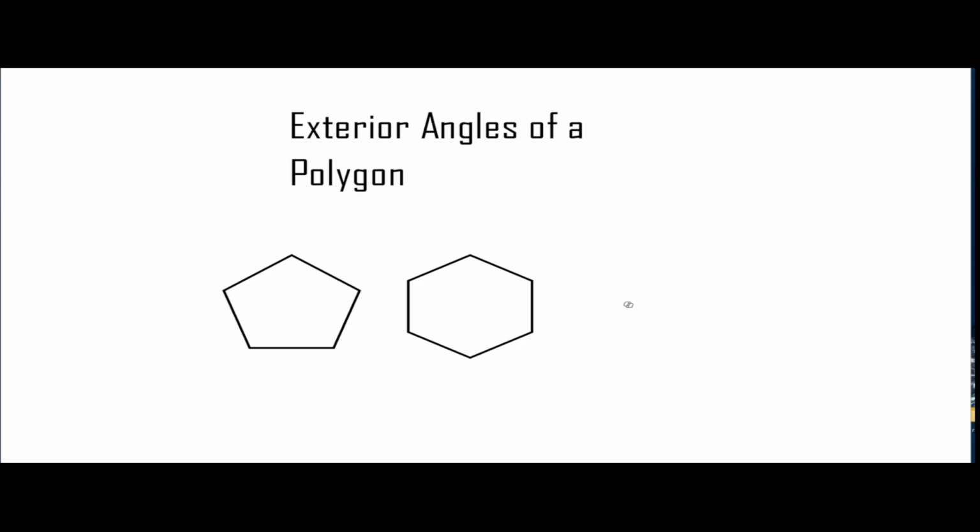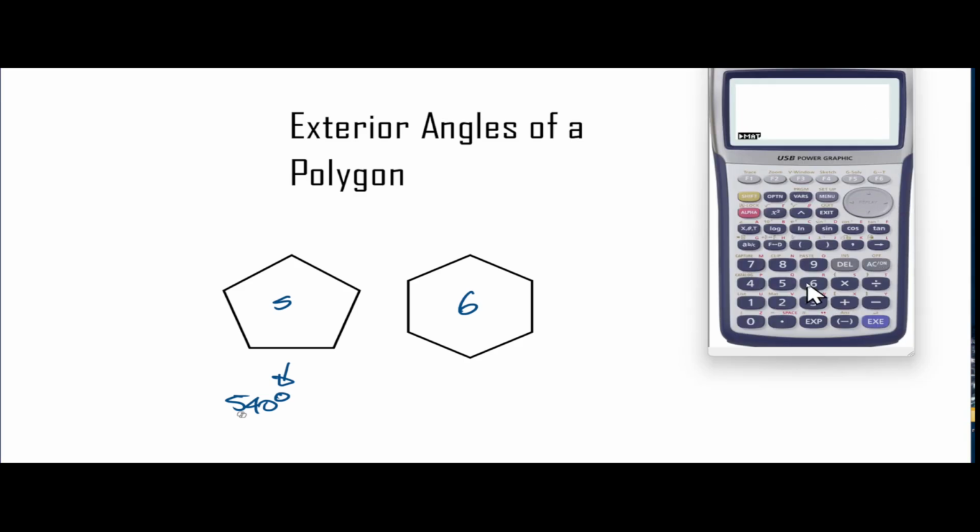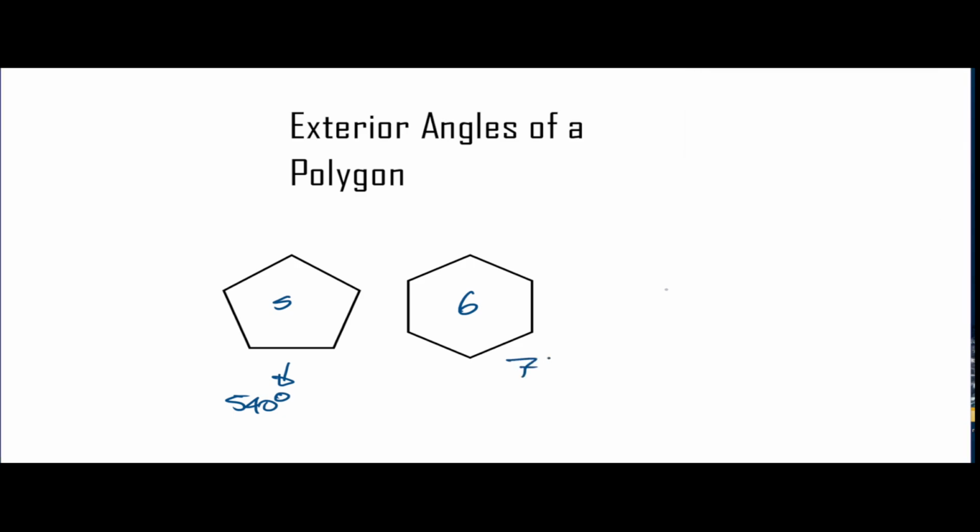Before we get into exterior angles of a polygon, I realize that I haven't gone over one very, very important point of a regular polygon. So here are two of the regular polygons that we had, the 5-sided and the 6-sided polygon. We worked out that the total interior angles add to 540 degrees in this one, and 4 times 180 is 720 degrees in this one.